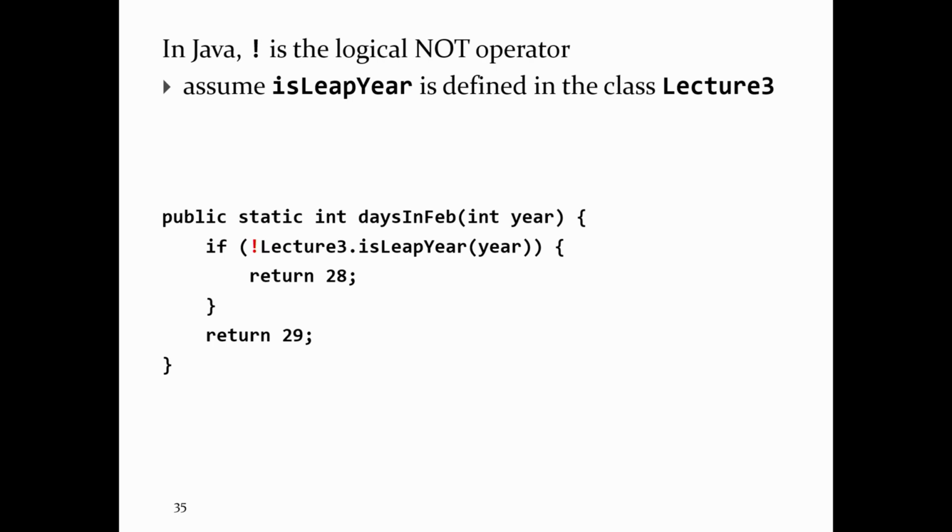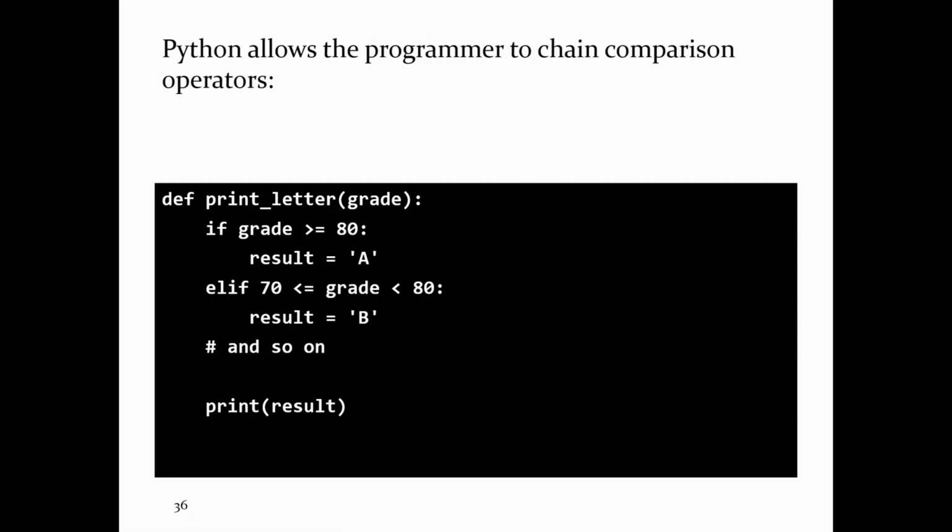So if year is not a leap year, return 28. Otherwise, return 29, right? Of course, you could write this as if year is a leap year, return 29, else return 28, right? But I wrote it this way to show you how to use the not operator if you need it, right? So exclamation mark instead of NOT in Java.